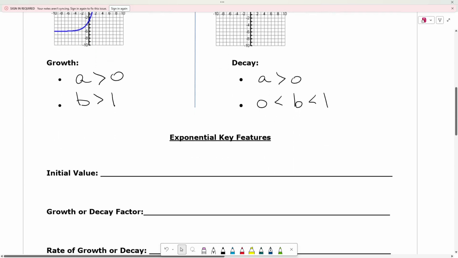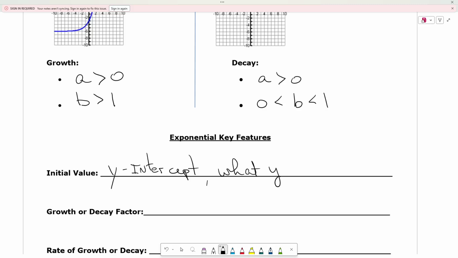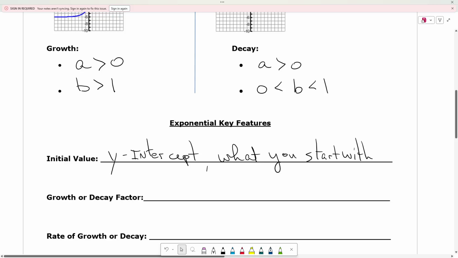So our initial value, that's our y-intercept, where we cross the y-axis, and that's what we start with. B is our growth or decay factor.